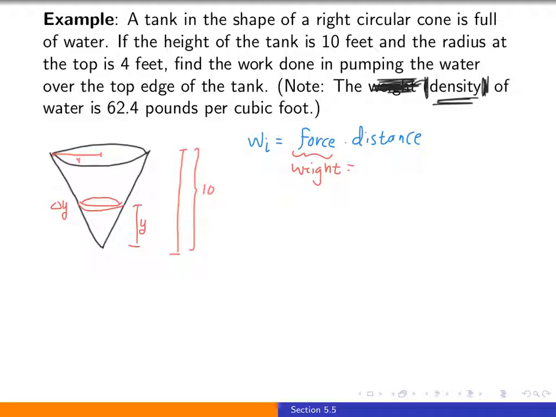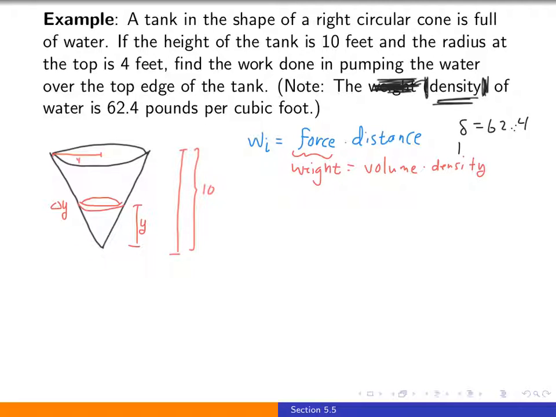So we're going to take the volume of that little slice and multiply it by its density. In the problem, we're given that the density of water is 62.4 pounds per cubic foot. We're going to use the symbol delta to represent the density, and at the end of the problem, we will substitute in 62.4.